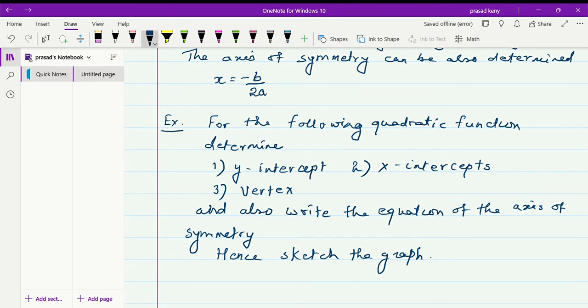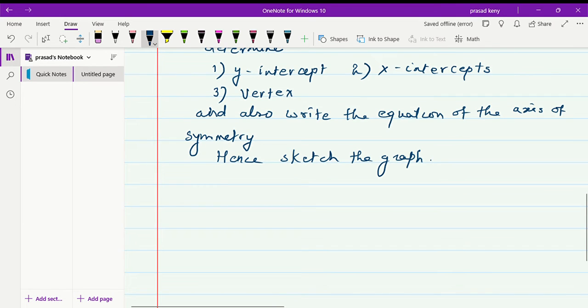So the function is given to you, y = x² + 2x − 8.